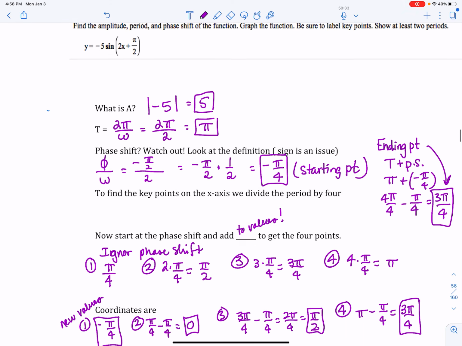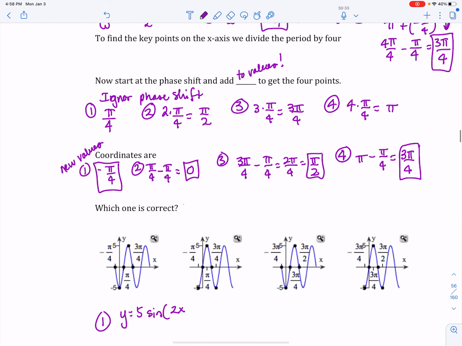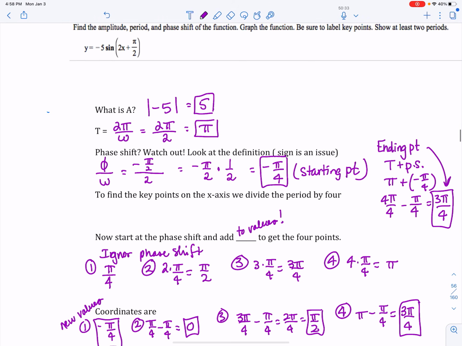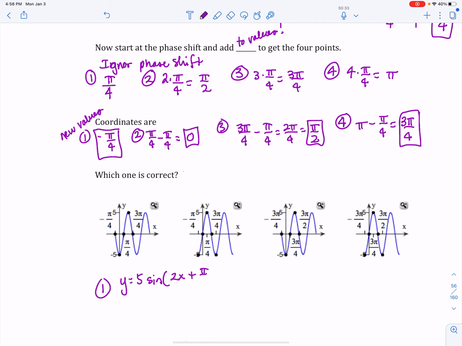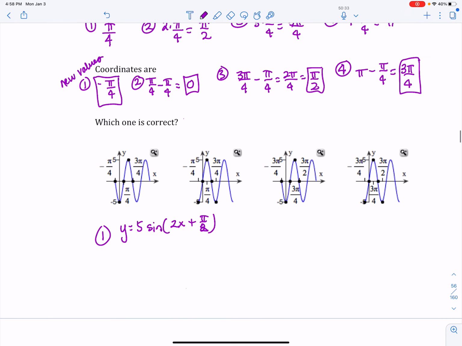So positive 5 sine of 2x plus pi over 2. Okay. So if we're going to graph that out, I would use those points I just found. So let me write those in. So negative pi over 4, 0, pi over 2, and 3 pi over 4.